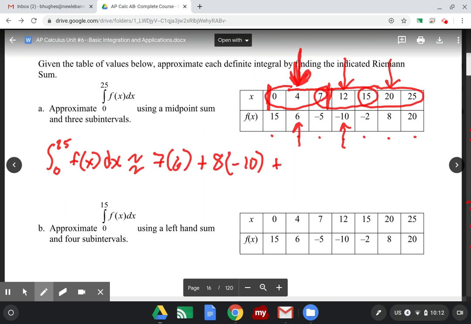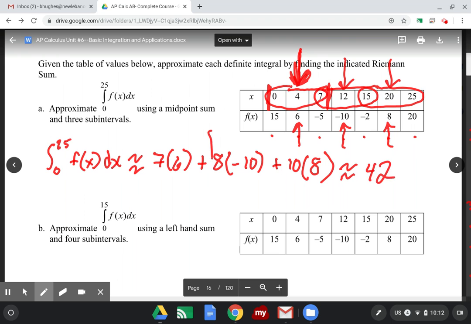Plus the width of my last interval from 15 to 25 is 10 units wide, and the function value at the middle is going to be 8. So when I add all of those up, it is approximately 42 units.